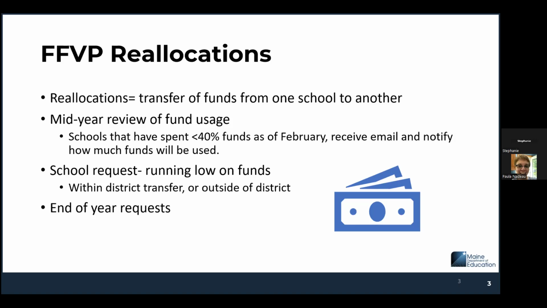I'm notified how much funds you plan to use, or if you're willing to give up any funds, and then I do a reallocation between the schools. So that's one example of when this process happens.